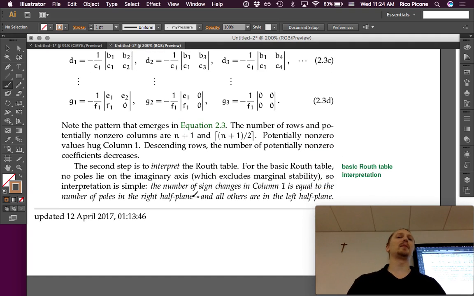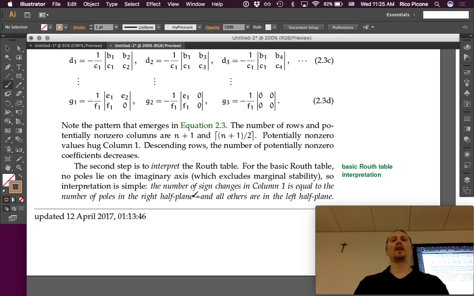All right. So that is the Routh table. The second step is the easier step, and that is to interpret the Routh table for stability purposes. For the basic Routh table, no poles lie on the imaginary axis. Those exceptions that I mentioned, one of those exceptions is what happens when you get an imaginary axis pole.